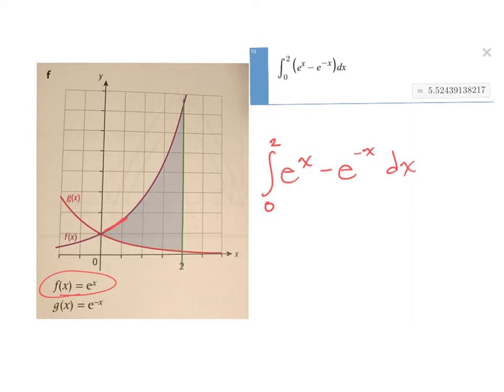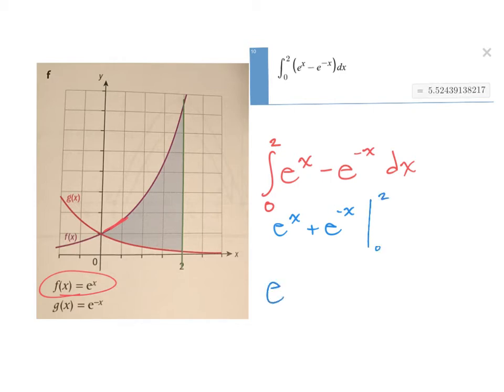Of course, if you'd rather do it the long way, the antiderivative here would be e to the x plus e to the -x, just because that negative and that negative would end up working themselves out here. And then you'd evaluate that from 0 to 2.